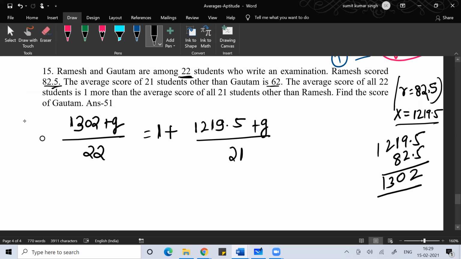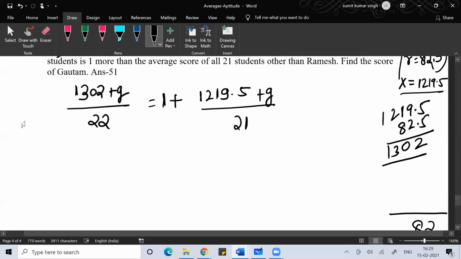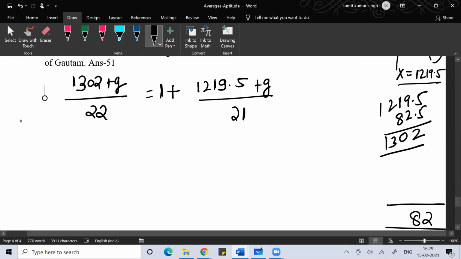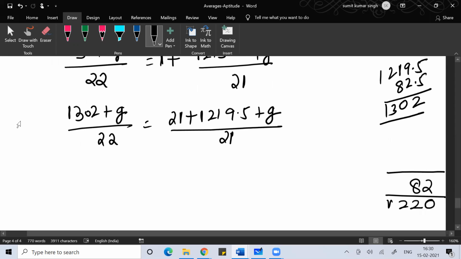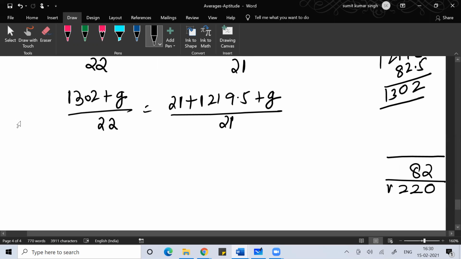In both cases you are getting G, and I can find the value of Gautam from this. So I can say (1302 plus G) by 22 is equal to 1 plus (1219.5 plus G) by 21. So you can cross multiply and get the answer.